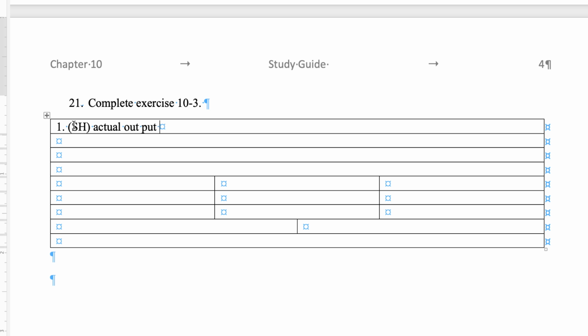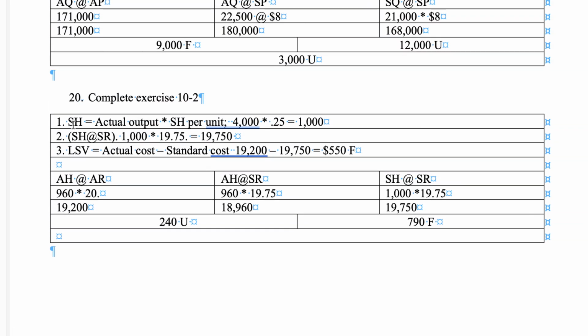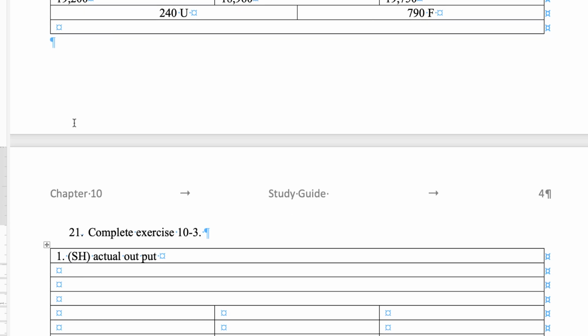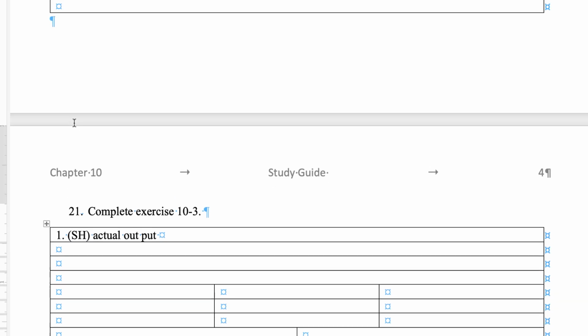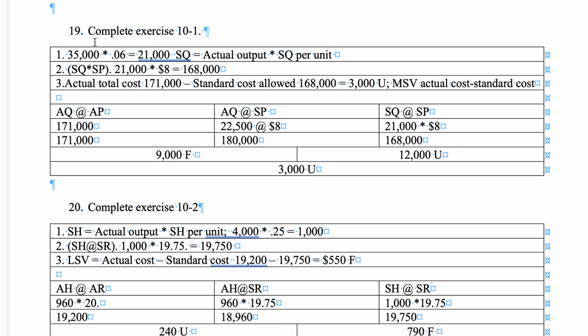Oh man, I forget. I gotta multiply by something. Well, what do we do when it comes to labor rate variance? Well, I do the same thing I did for variable overhead variance. I do the same thing that I did in direct materials and direct labor, right?